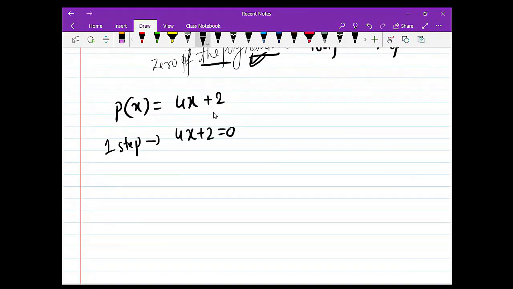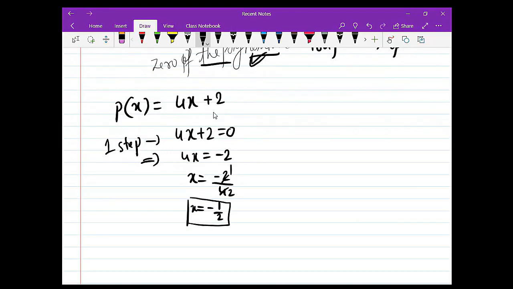After simplifying, what do we get here? 4x equal to minus 2, x equal to minus 2 upon 4. So we cancel here: 2 ones are 2, 2 twos are 4. Now the value of x is equal to minus 1 by 2.